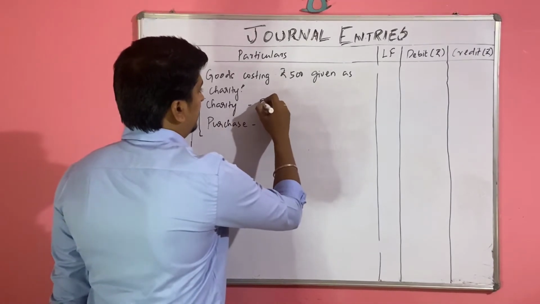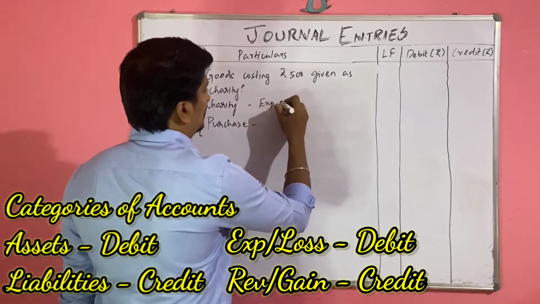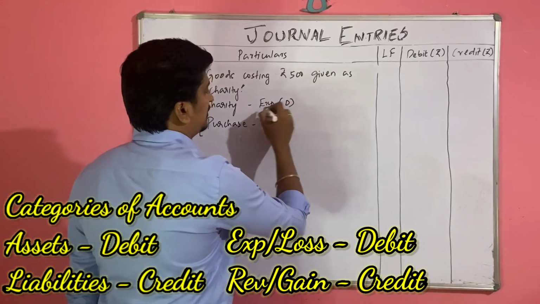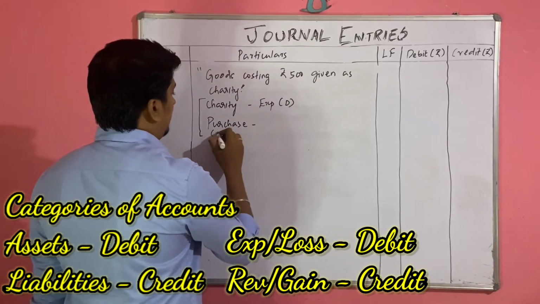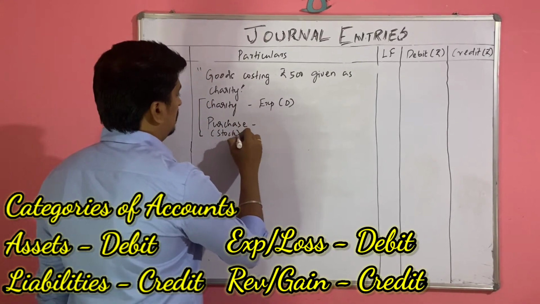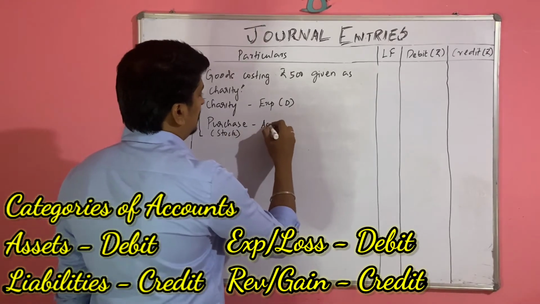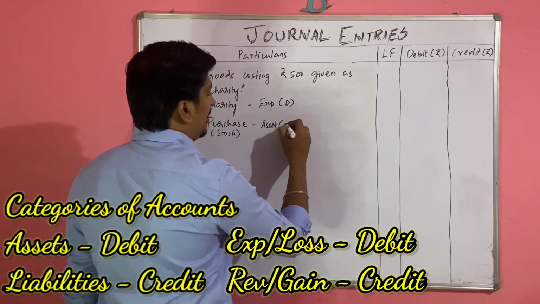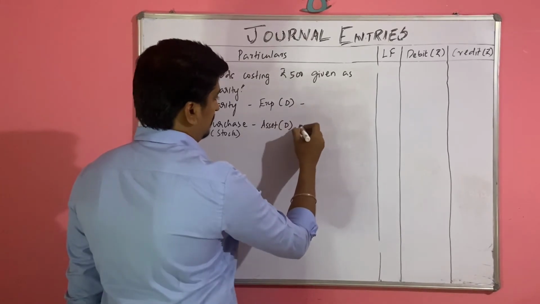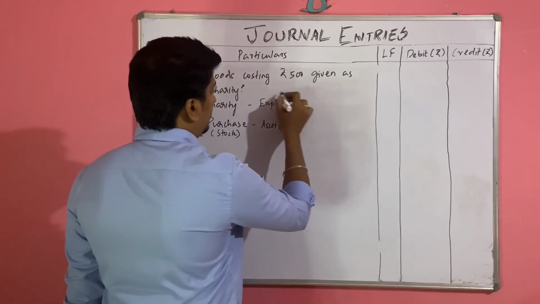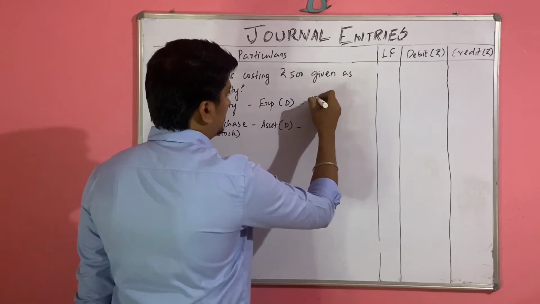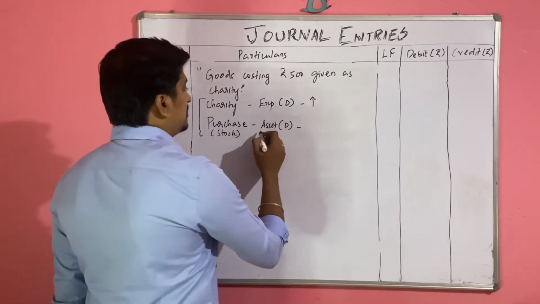Charity is an expense. General balance of any expense is debit. Purchase represents stock. Stock is an asset. General balance of any asset is debit. Now expenses, whenever we record, they always increase. Now what happens to this asset?